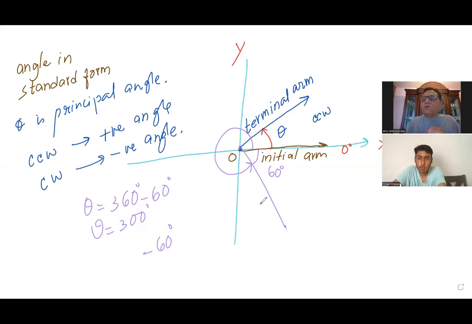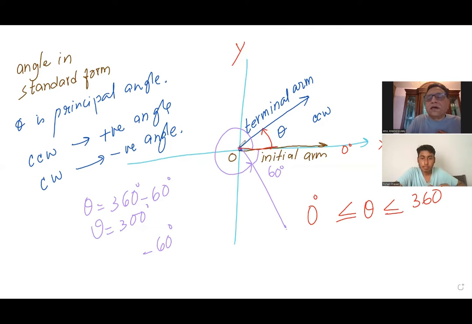Most of the time, when we're talking about the angle, we will say measure the angle theta when it is between 0 degrees and 360 degrees. The whole idea is that if it is along this line, 0 degrees; if it is right here, 90 degrees; that is 180 degrees, 270 degrees, and then coming back to the original point after a full circle, this is 360 degrees, correct?